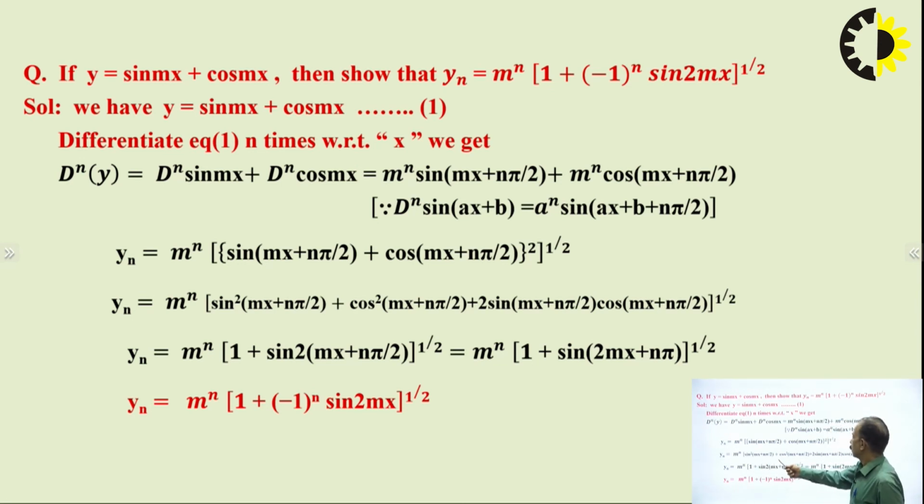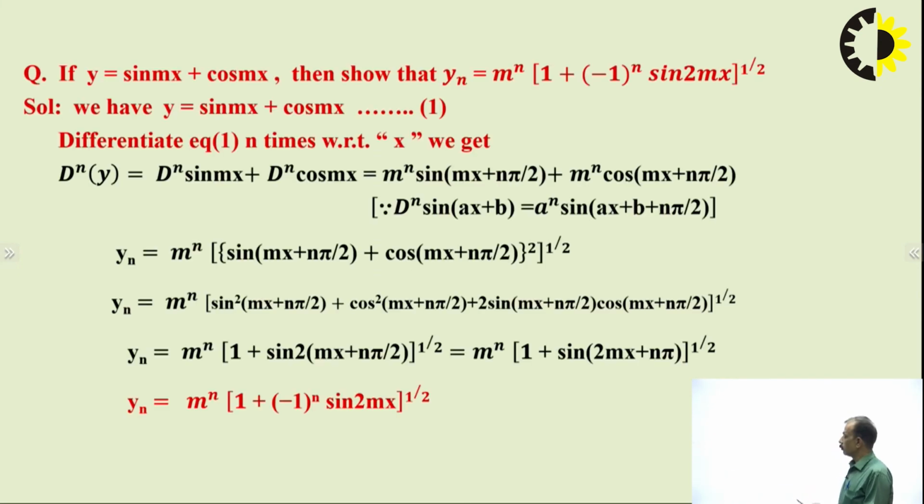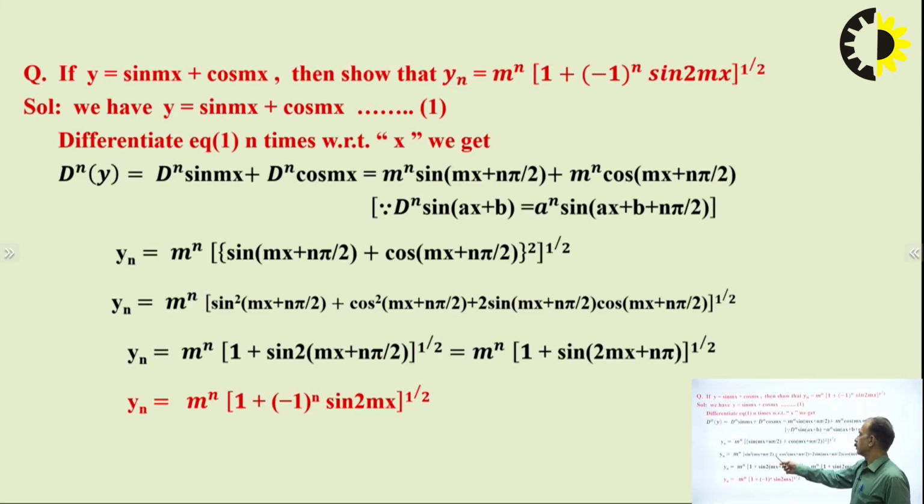So the value of the square of sin(mx plus n pi by 2) plus cos(mx plus n pi by 2) will be sin square(mx plus n pi by 2) plus cos square(mx plus n pi by 2) plus twice sin(mx plus n pi by 2) into cos(mx plus n pi by 2), whole raised to the power 1 by 2. The sum of sin square and cos square terms will be 1.